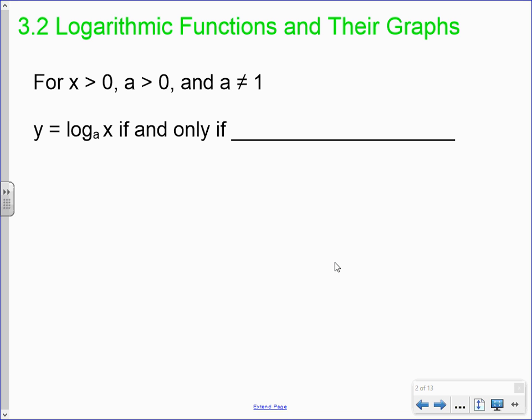Just throwing that out there. Okay, which pod thinks that they know what goes in the blank?